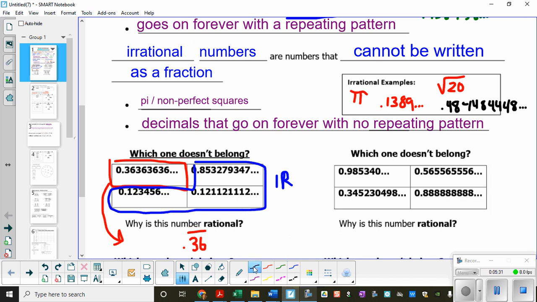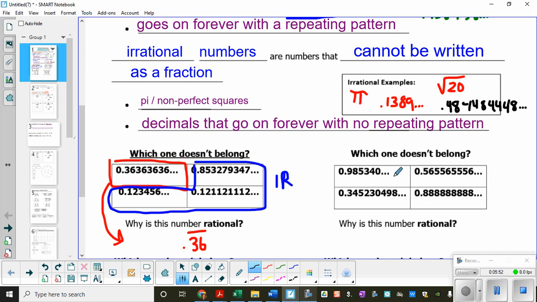All right, let's look at another example over here. So we've got four more decimals. We've got a 0.985340. We've got a 0.345230498. We've got a 0.56556556. And we have 0.8s all the way through.